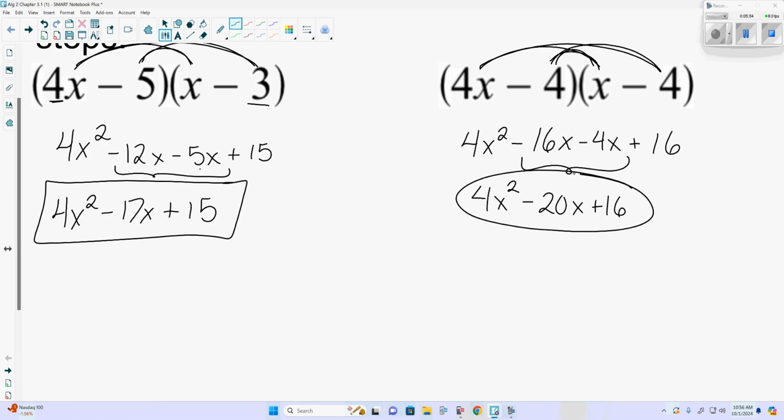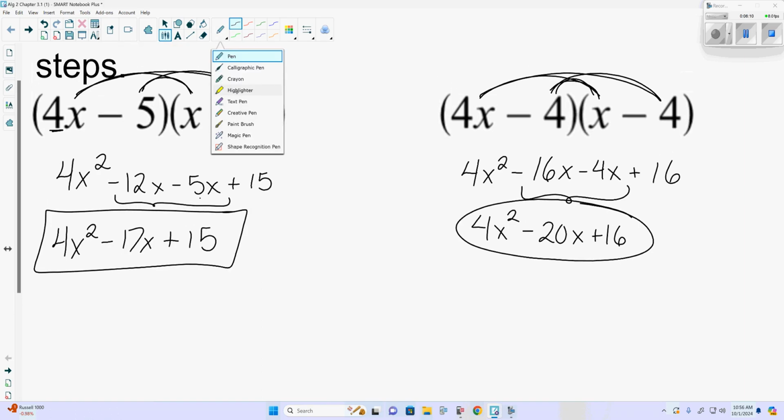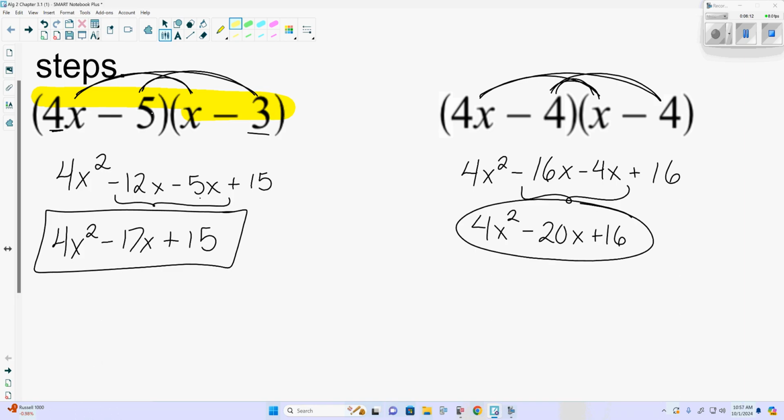So this is distributive, multiplying them out. Because what we're going to be doing in 3.1 is factoring. So we're not going to be given it in two sets of parentheses. Because these here, I want a highlighter. This form here and this form here are what we call factored form.